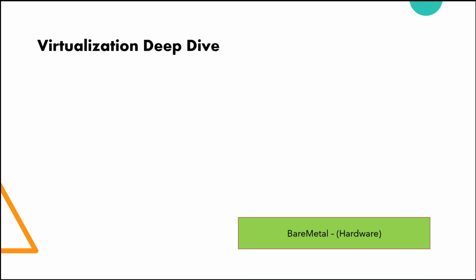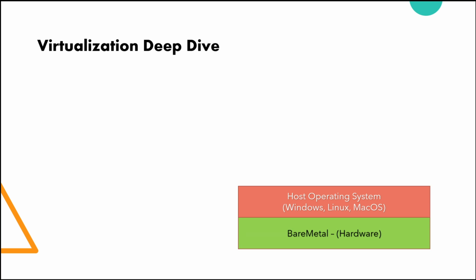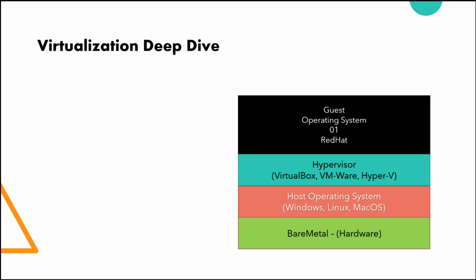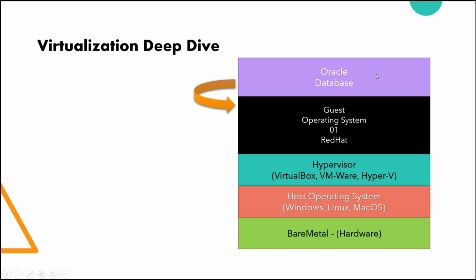So let me talk about virtualization in deeper depth. We have bare metal, on top of it the host operating system, again the hypervisor, and again the guest operating system as Red Hat with Oracle database like this. Let's understand very clearly: the Oracle database has to communicate with the guest operating system Red Hat, and this guest operating system has to communicate with the hypervisor, and the hypervisor has to communicate with the host operating system, like Windows or Linux or Mac OS, whatever it may be.